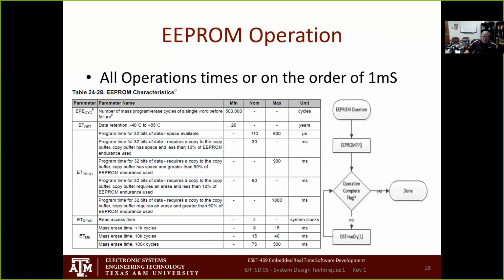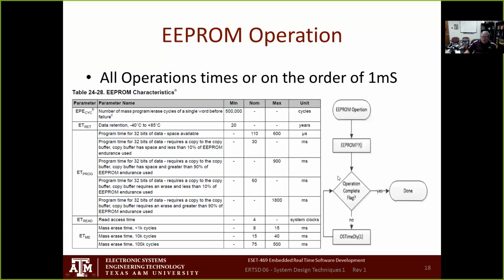So if we're thinking about things on the order of milliseconds, that's usually good enough on the EEPROM. So whatever EEPROM operation we're performing, we're going to perform that operation, and then we're going to check to see if it's complete. But we're going to wait for a millisecond before we go back and check it again, because there's no sense checking it more quickly than a millisecond.